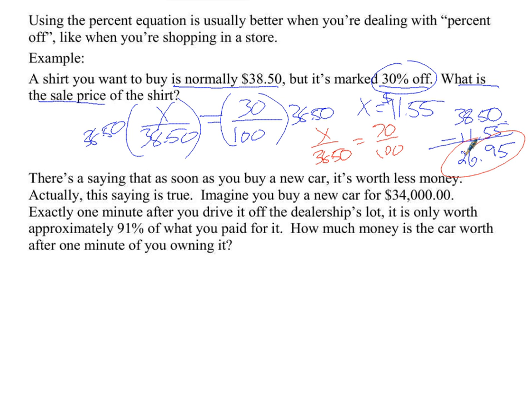Okay? The other thing I want to point out is, what is 30 divided by 100? It's 0.3. What is 70 divided by 100? It's 0.7. So you're just turning the percentage into a decimal. If I turn the percentage into a decimal, and then I multiply times the original price, I get the sale price. Okay?